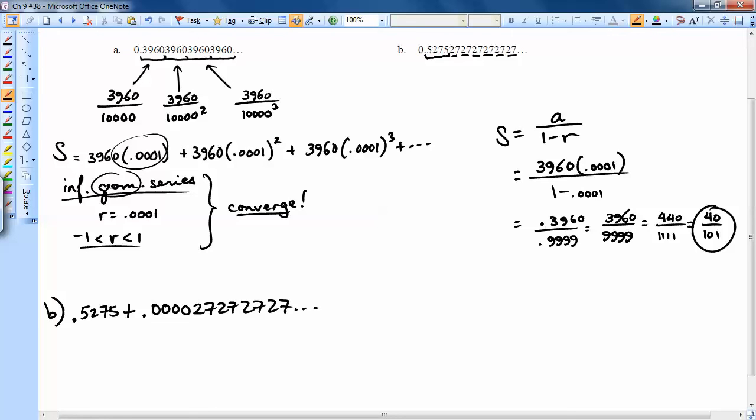All right, so let's see what we can do with this. This is the part that we really have to pay attention to. This part we can already write as a fraction, 5275 over 10,000. This is the one that we're going to have to deal with. So let me work this out on the side here. Okay, so the first term is 27 over, what is that? 100,000?